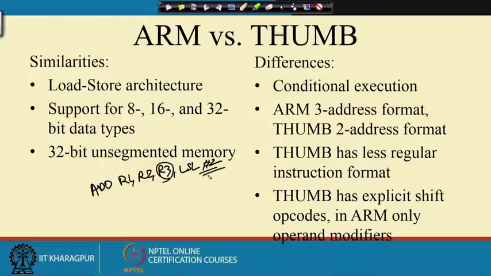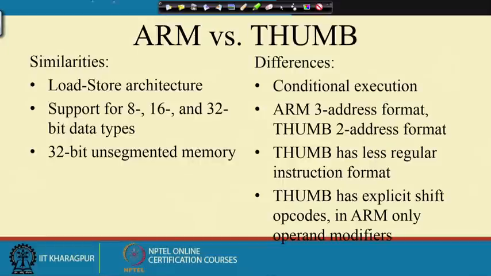That shifting was part of the instruction itself. But in case of thumb, the shifting is separate. First you have to do a shift left on R3, and only then can you say add R2, R3, telling that R2 gets the content of R2 plus R3. So, these are mostly 2 operand instructions. That will be the format.